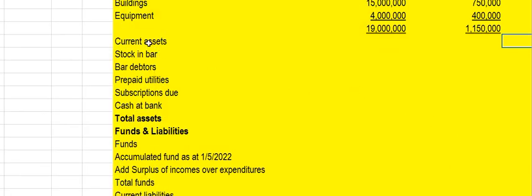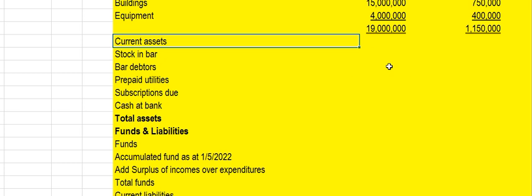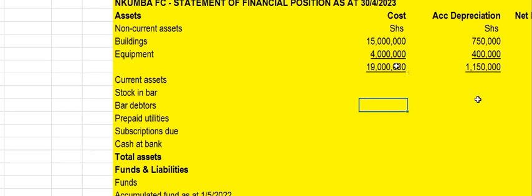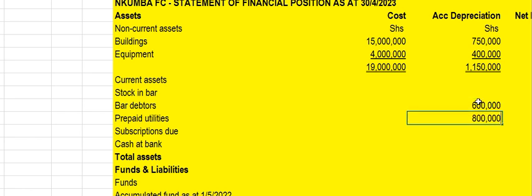So stock in bar at the end, that is 600,000. You have the bad debtors, that is 800,000. The prepaid utilities, the closing balance is 300,000 as per the information given.